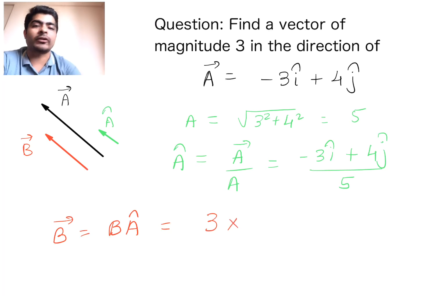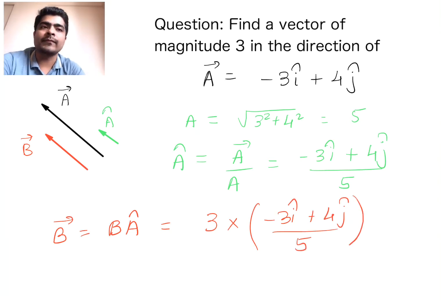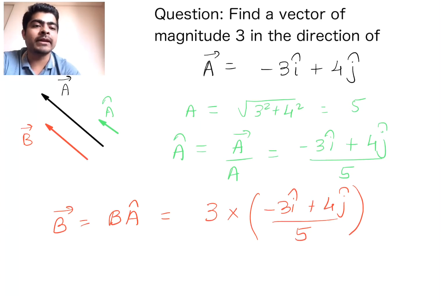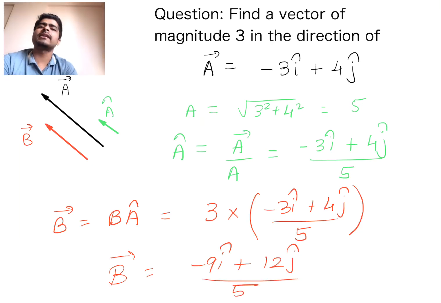And a cap is what? a cap is minus 3 i cap plus 4 j cap divided by 5. Simple. So you could easily find it now. b vector will now be given by 3 times minus 3, so minus 9 i cap plus 12 j cap divided by 5. That's it. Very easy.